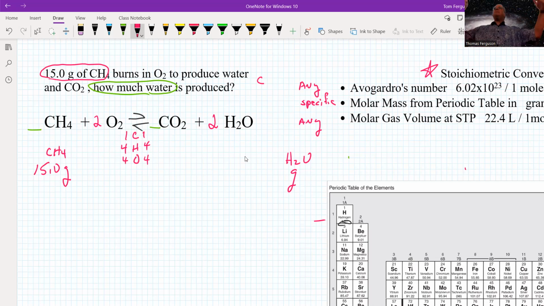Okay, is everyone okay with balancing equations? Now, I want to tell you right up front, it's the first step. If you don't balance the equation correctly, guess what is wrong? The whole problem, the rest of it. So it's crucial you balance the equation correctly.